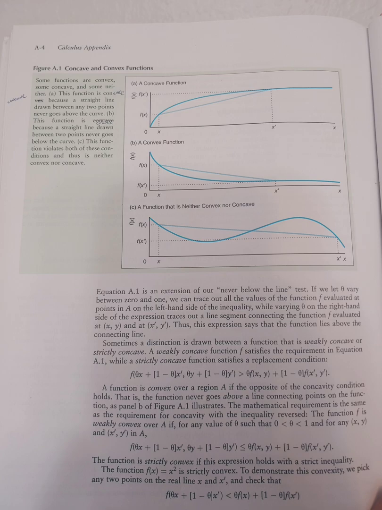Equation A.1 is an extension of our never-below-the-line test. If we let theta vary between 0 and 1, we can trace out all the values of the function f evaluated at points in A on the left-hand side of the inequality, while varying theta on the right-hand side of the expression traces out a line segment connecting the function f evaluated at (x, y) and at (x prime, y prime).